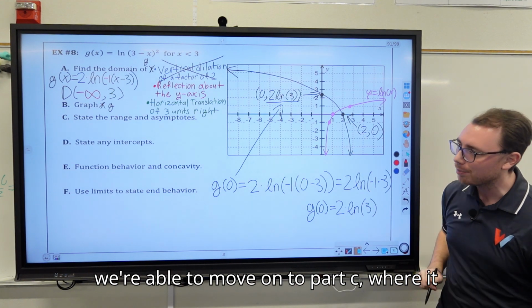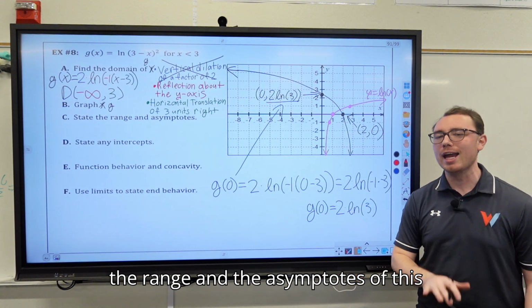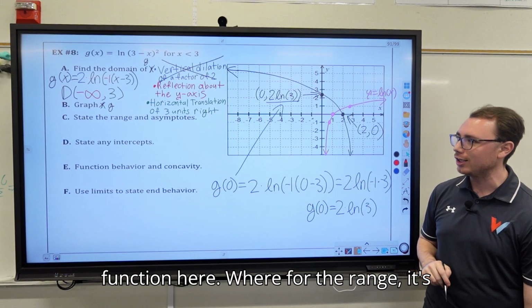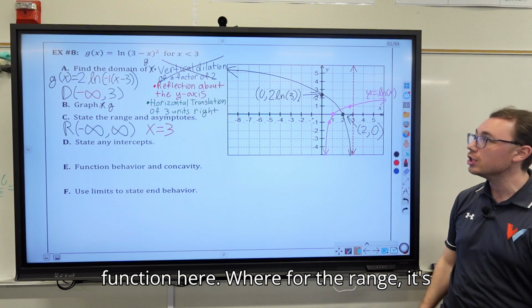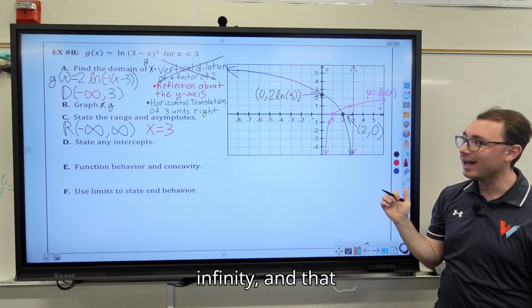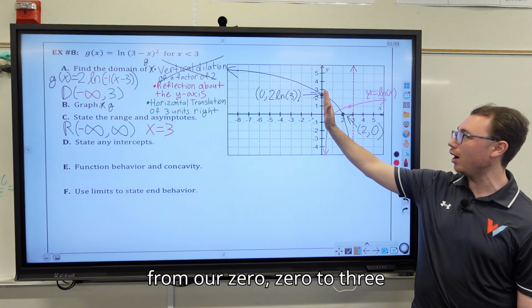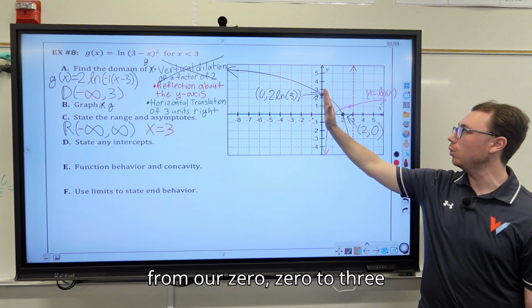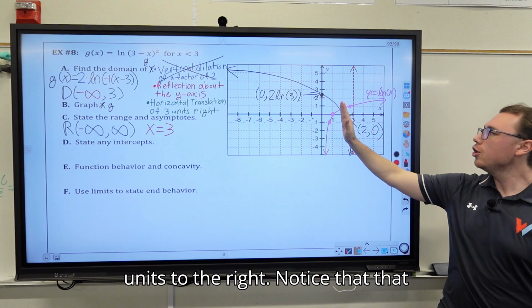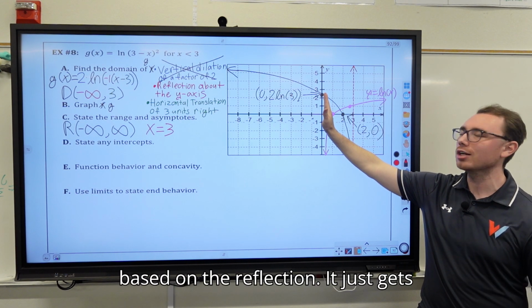Now we're able to move on to part C, where it asks us to state the range and the asymptotes of this function here. For the range, it's still negative infinity to positive infinity, and that vertical asymptote is shifted from our 0, 0 to 3 units to the right. Notice that that vertical asymptote doesn't change based on the reflection.